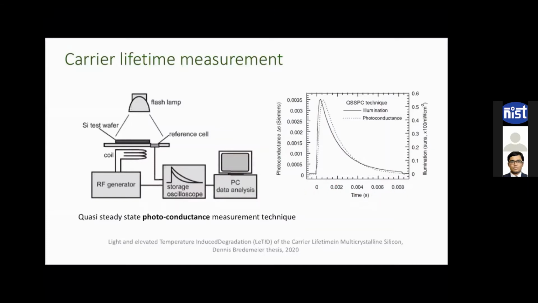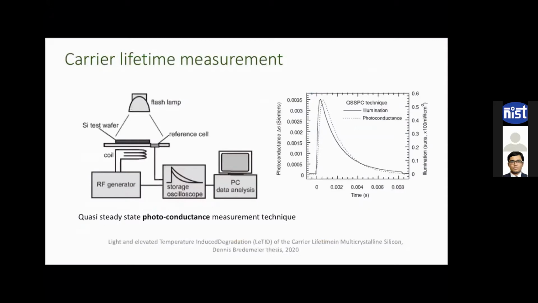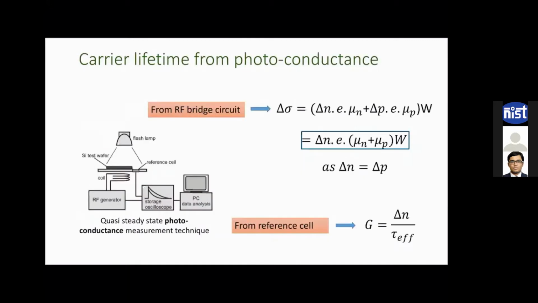In short, these equations hold true for any kind of semiconductor material. For crystalline silicon, the mobility values are known, so it is very easy to calculate the lifetime from here. But for your monolayer or two-three monolayer sample, the mobility values are not known properly, which is true for most practical cases, so you can't use this equation directly.